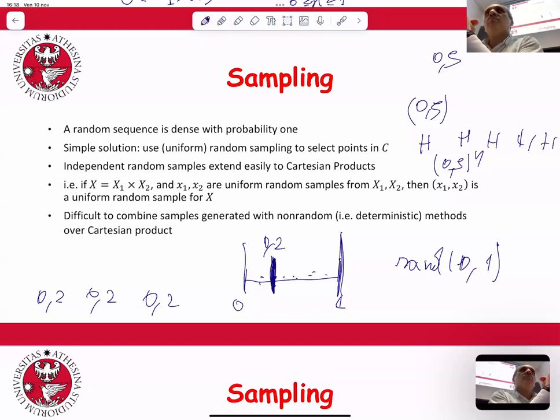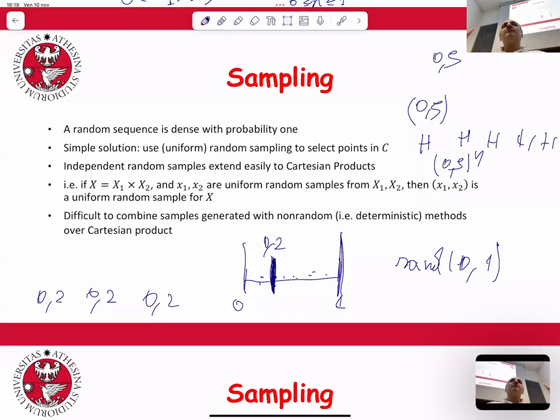If I want to be closer than 1 part over a billion, and I extract a long enough sequence, I will get a point in which I'm closer than 1 part over a billion. It can also be computed how long this sequence should be in order to have a guaranteed probability. So if I go for uniform sampling, I will cover densely the entire segment with probability 1.